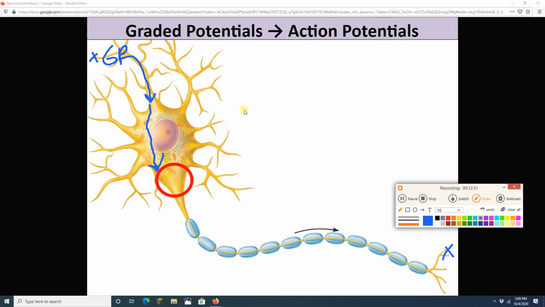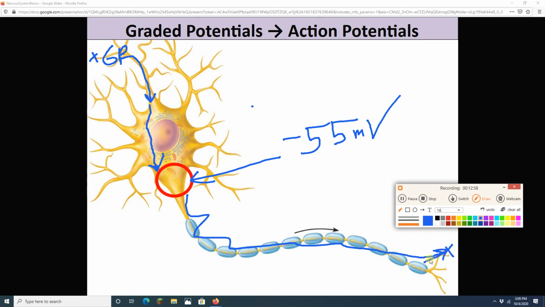And then that graded potential has to be big enough to depolarize the axon hillock to that magic number, negative 55 millivolts, which we know is the threshold potential. And at that magic number, we are going to get an action potential, and the action potential can then travel all the way to the end, unabated, undiminished.